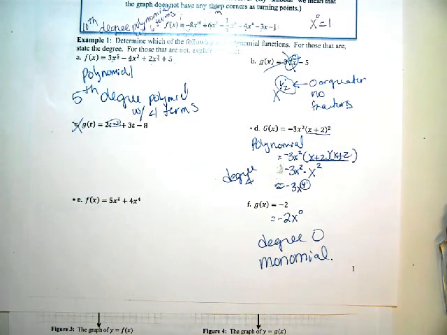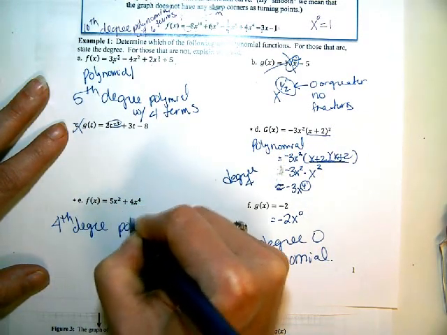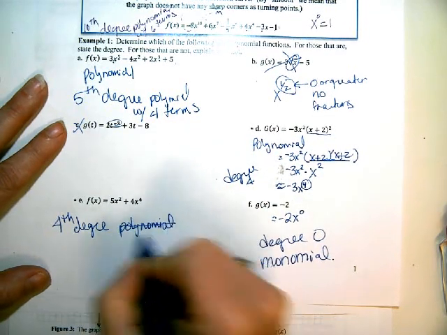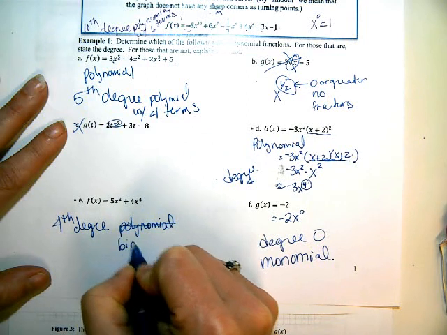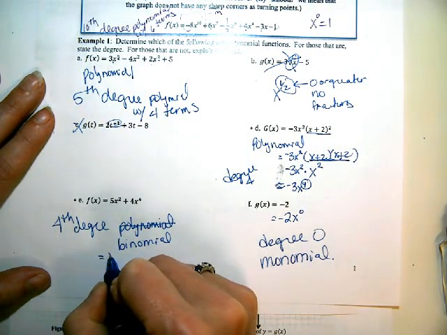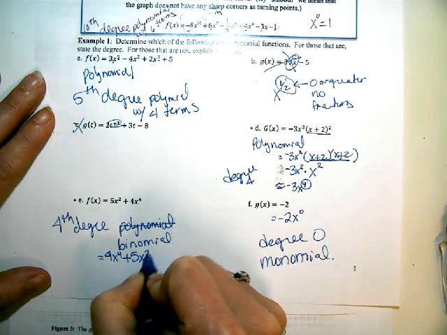E is a polynomial. It is a 4th degree polynomial. But I actually think we know a word that's better for this. It's a binomial because it has 2 terms. And then it's not in standard form. If I were to put this in standard form, it would be 4x to the 4th plus 5x squared.